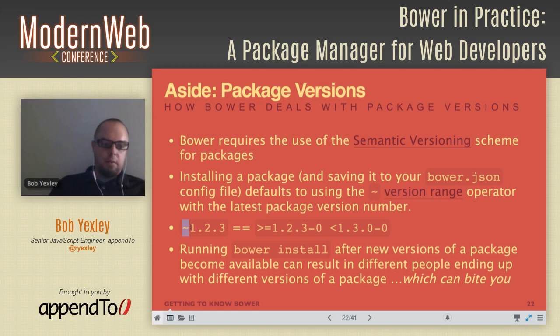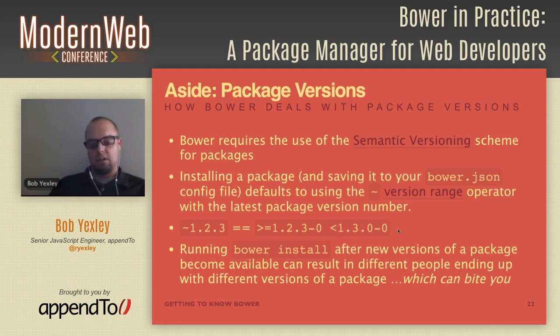When that tilde is applied, the way the semantic versioning scheme works is that that basically means any version greater than or equal to 1.2.3-0, and less than 1.3.0-0.